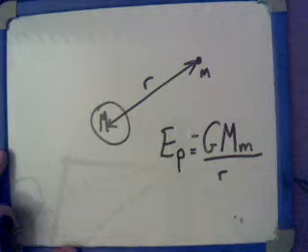So that's the formula for the gravitational potential energy.